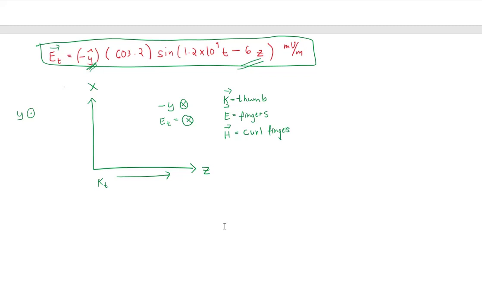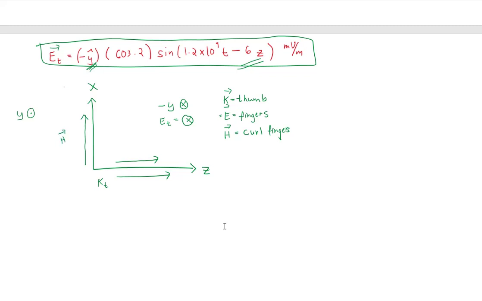So if we have our thumb along the z direction, and if we have our fingers laying flat along the negative y, which is into the page, if we curl our fingers, isn't it pointing along the positive x direction?